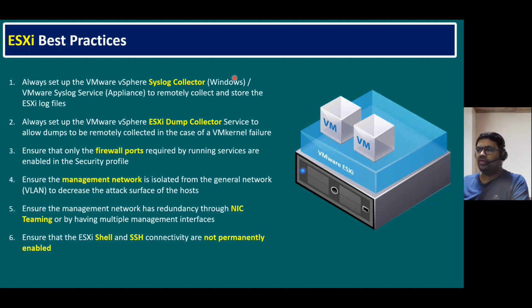You can configure a syslog collector on a Windows operating system, or VMware also has a syslog service appliance called vRealize Log Insight. The name itself says Log Insight. VMware provides this VRLI product, and it also helps collect our centralized logs.